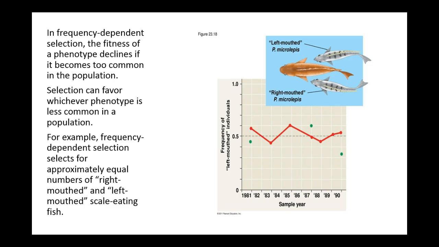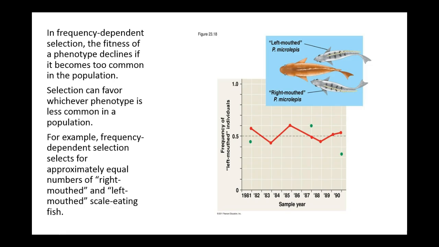And then with regard to the frequency dependent, I think we have an image with this, and that's the idea of these left and right mouth fish. If you have a population, you have this population kind of oscillating between left and right mouth.